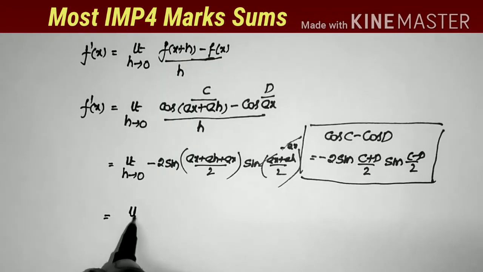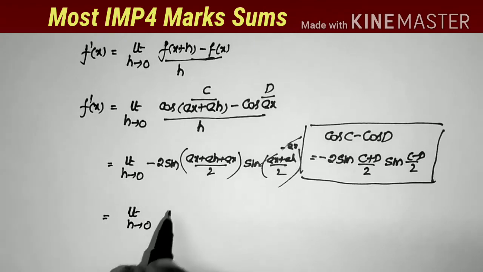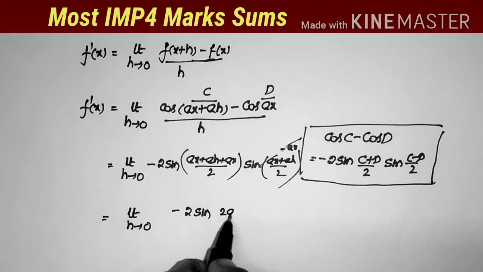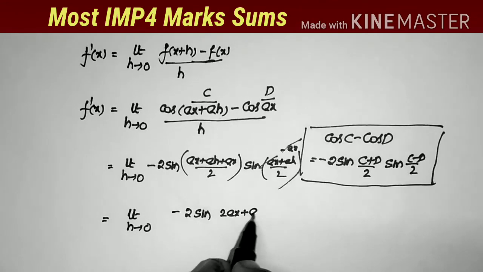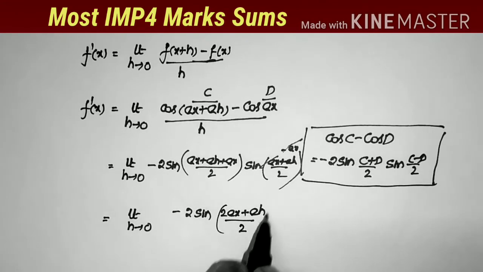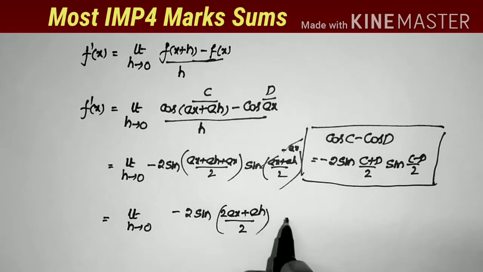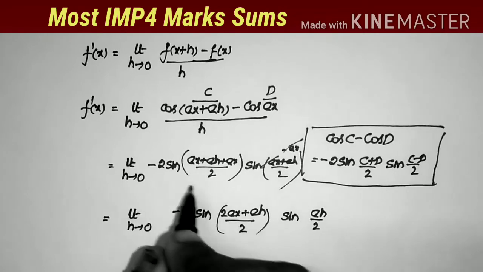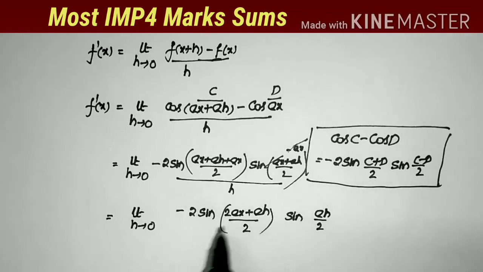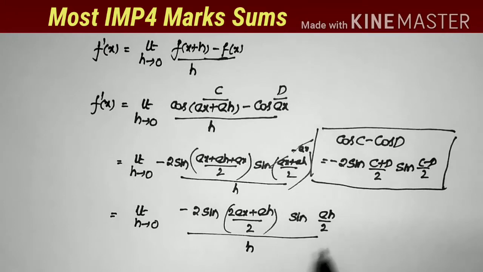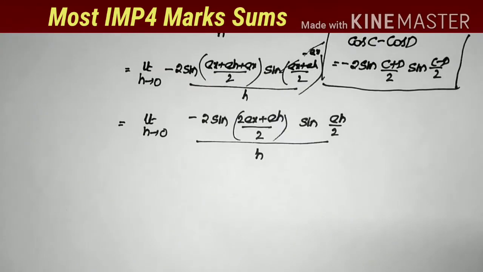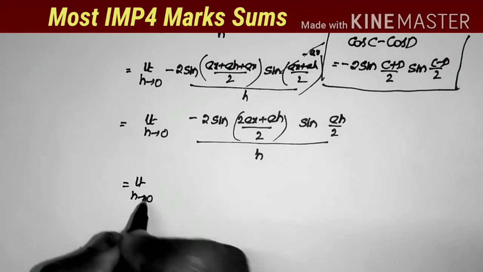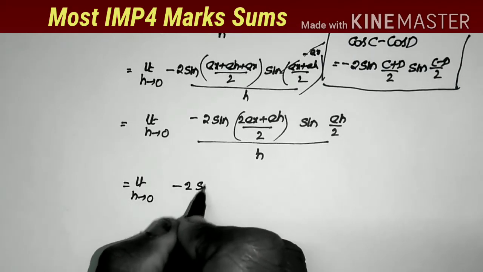This is equal to limit h tends to 0 of minus 2 sin of (2ax plus ah) by 2, into sin of ah by 2, whole by h.